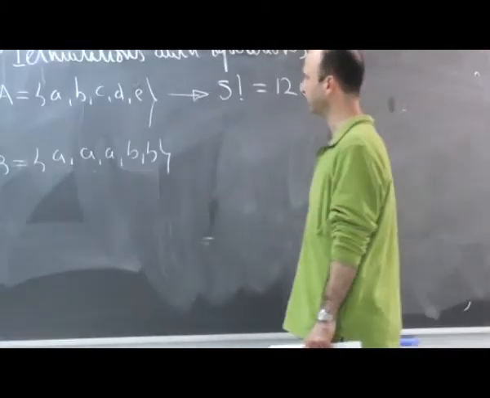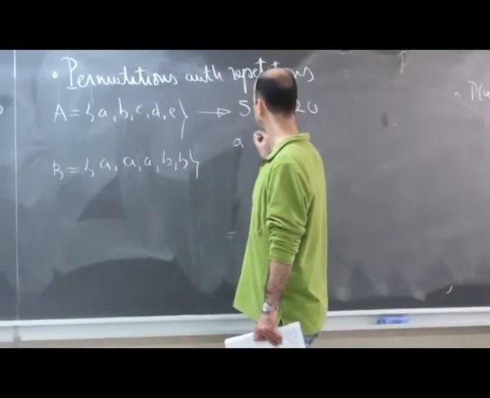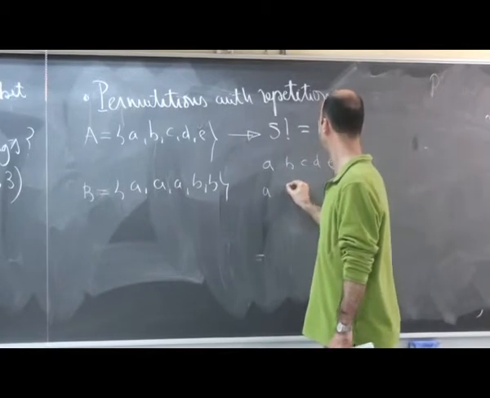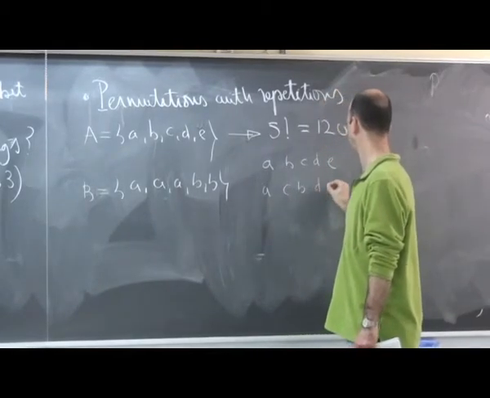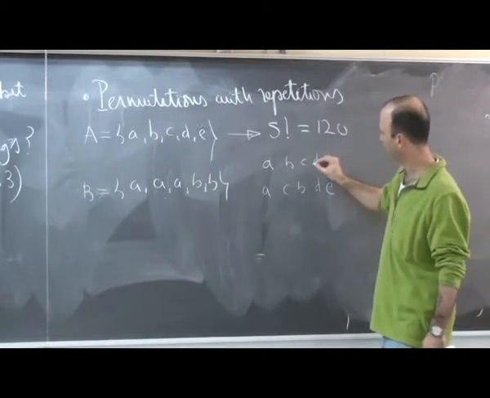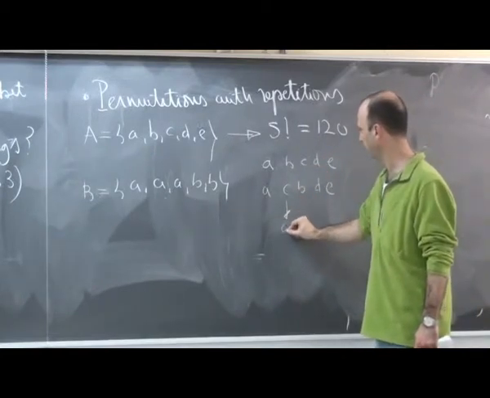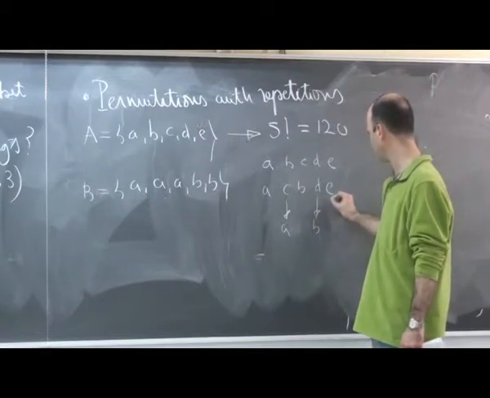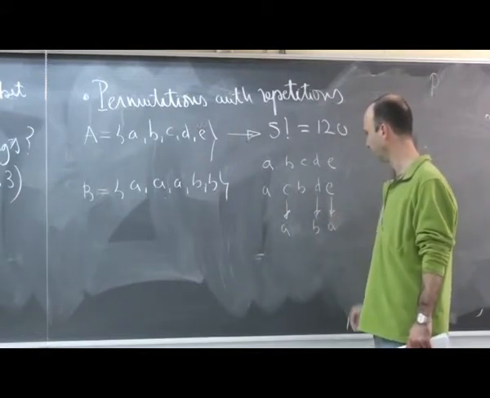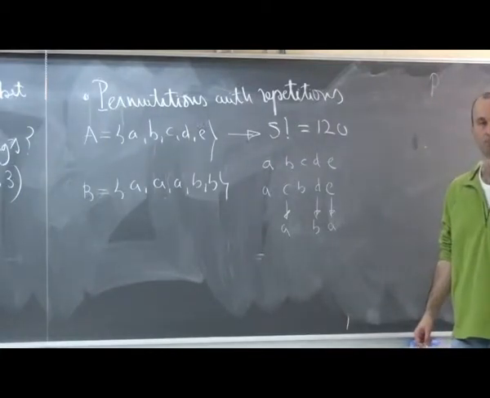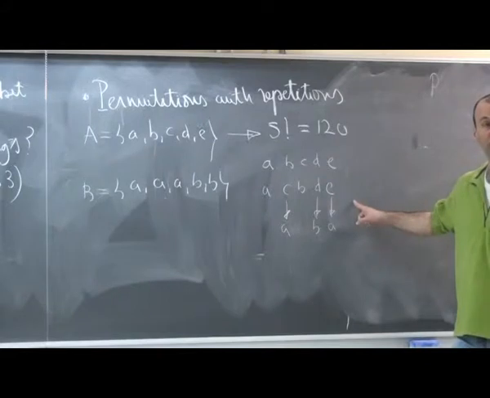Suppose that, write this. For example, I turn this into A, I turn this into B, and I turn this into A. I get one of those, right?